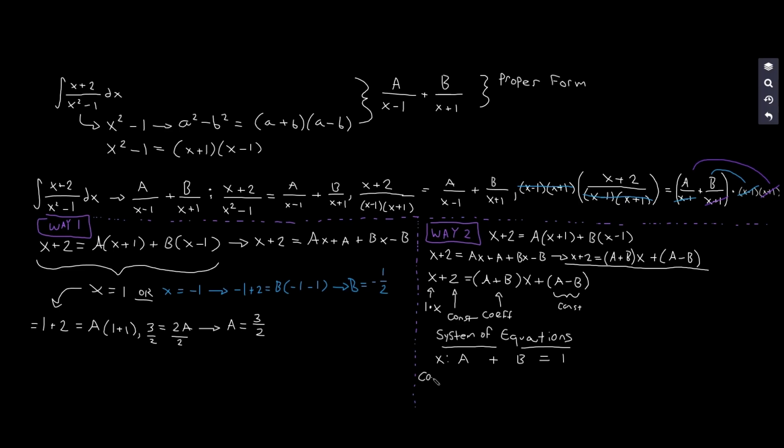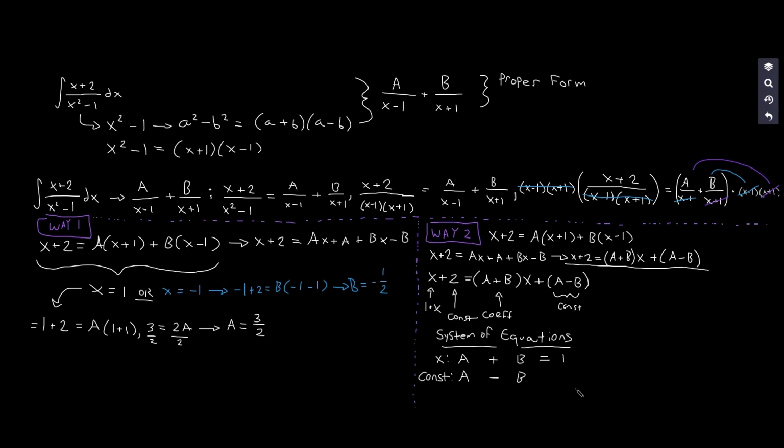Then we have to find the constant. The constant terms on the right are a minus b.